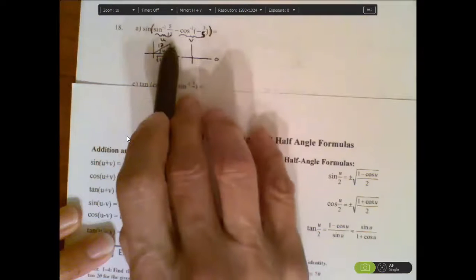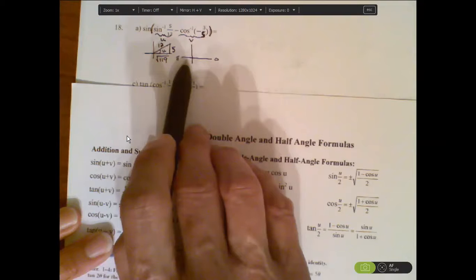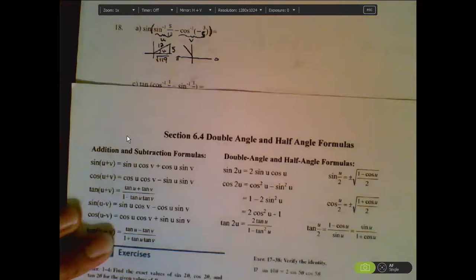So if the x value is negative, this must be a second quadrant angle. So I'm just going to draw a second quadrant angle, not to scale at all.